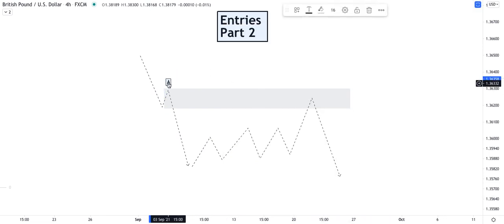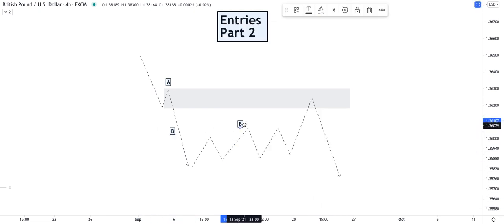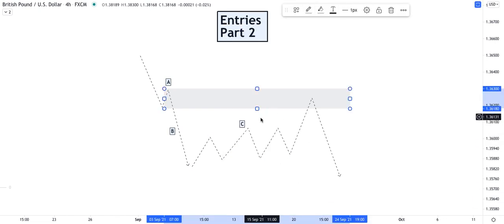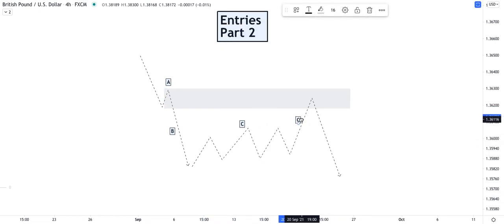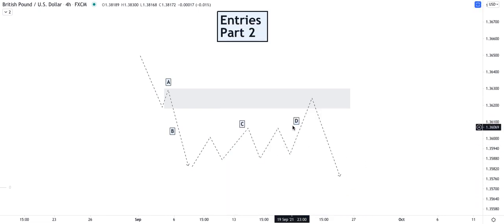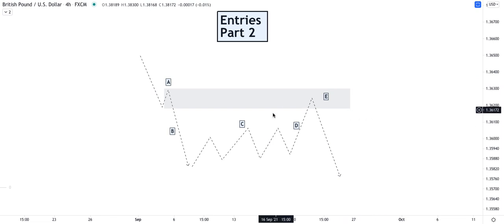So this is A. We're going to look for B. I'm going to explain B. I'm going to talk about C. And we're going to talk about D. And maybe E. I'm not yet sure. We'll see how it goes. But we can maybe have a discussion about E as well.